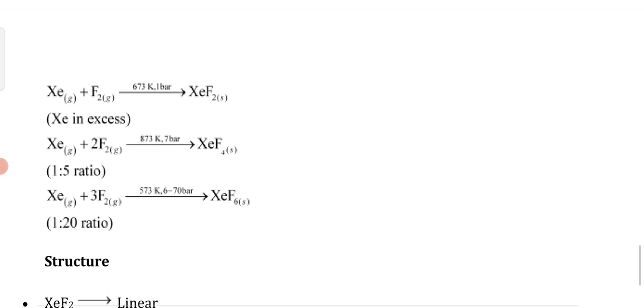Xenon fluorides: xenon can form compounds among all the noble gases, because xenon has a large size.